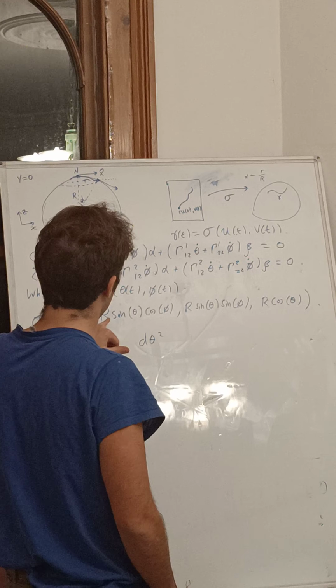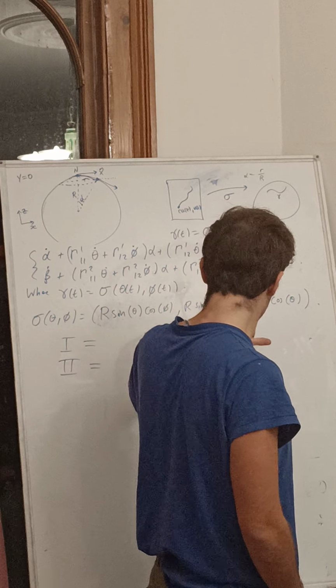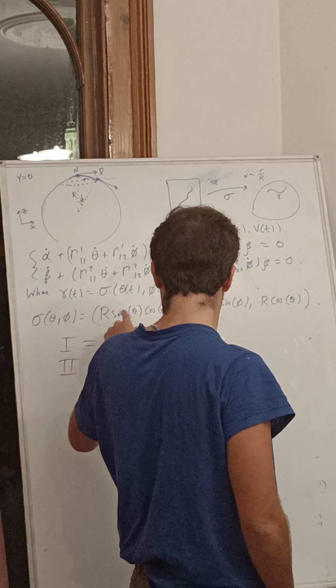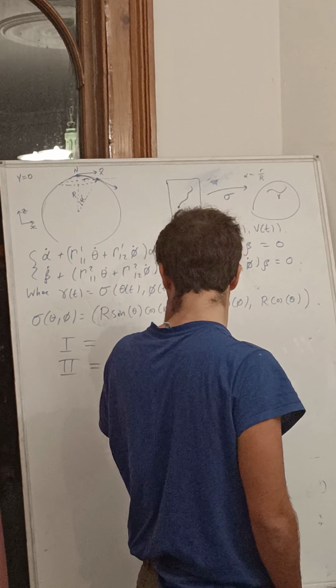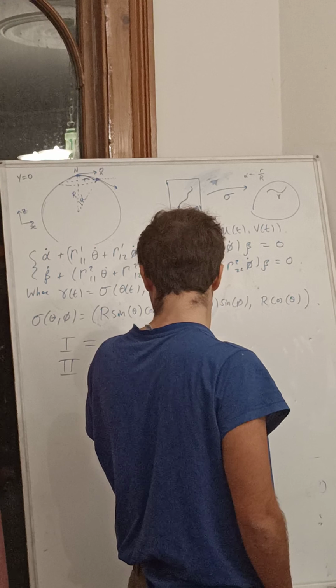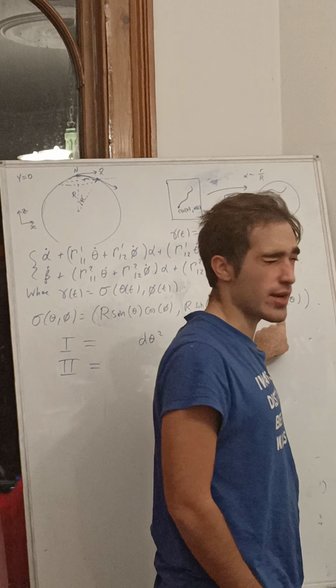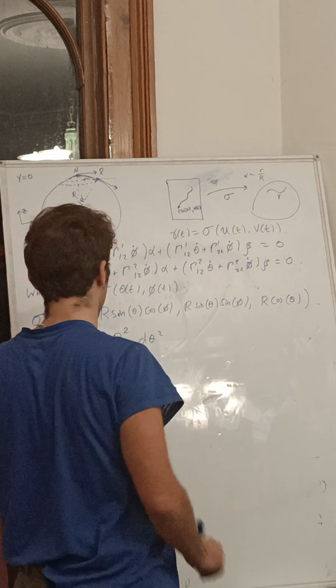So I'll get r cos theta cos phi, r cos theta sine phi, which gives r squared cos squared plus r squared sine squared, and that's just r squared.